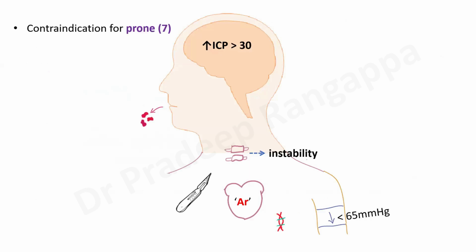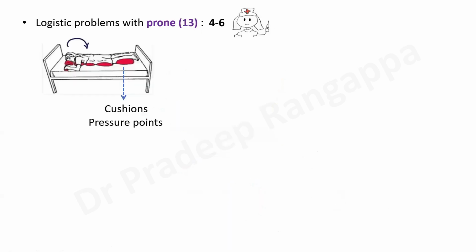Just for all our trainees to recapture their memories, there are certain contraindications for proning. If someone has an ICP more than 30, traumatic brain injury, hemoptysis, or neck instability, post-surgical cases like post-abdominal surgery, someone who has arrhythmias, or post-cardiac surgeries, or is hemodynamically unstable, these can all be contraindications.